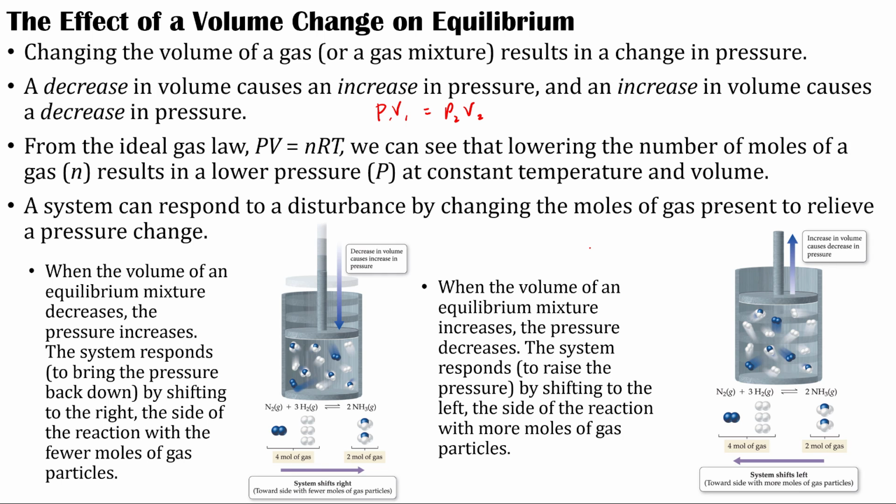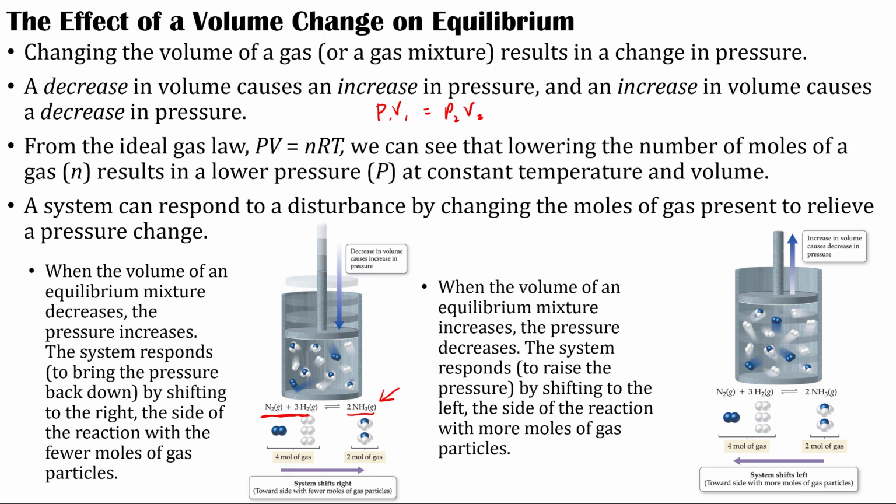All right, and that sounds all very complicated, and it's really, really not. So if we have this reaction happening, and they've decreased the volume, so they've allowed the reaction to exist in a smaller amount of space. Well, which side of this reaction do you think takes up a smaller amount of space?